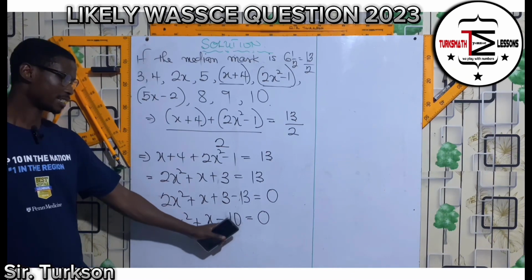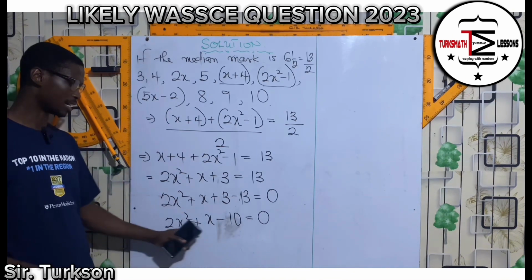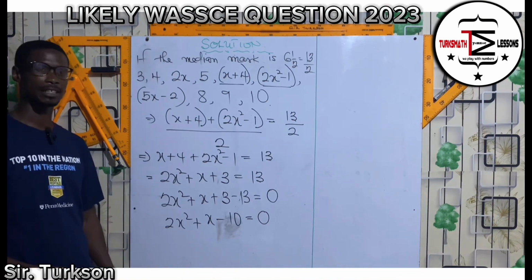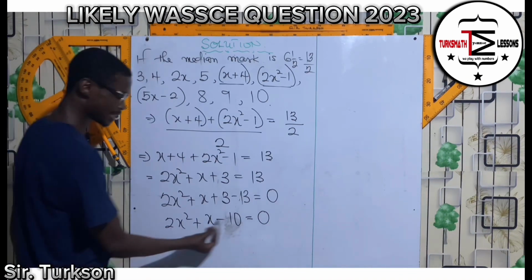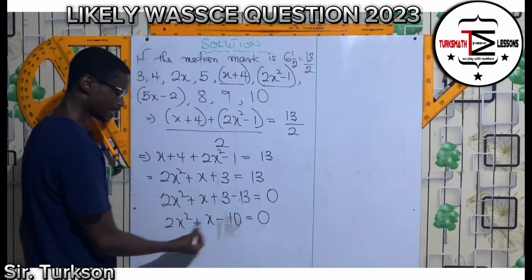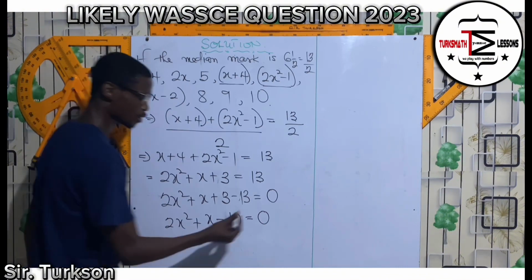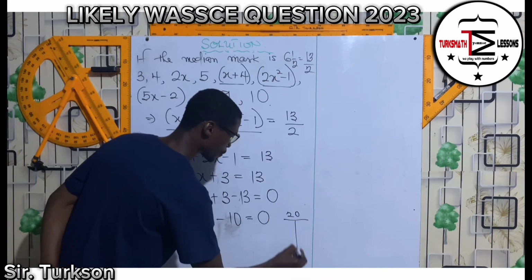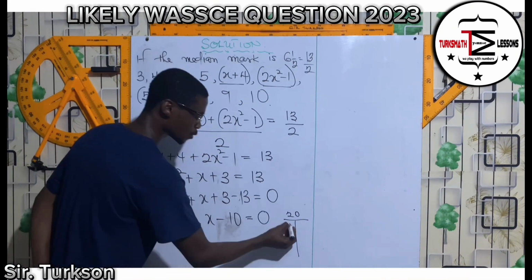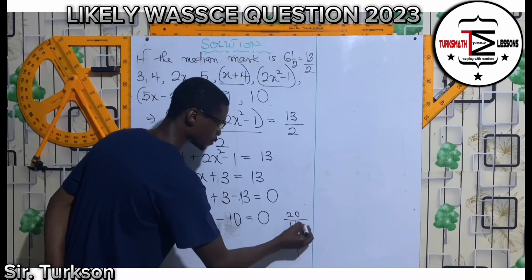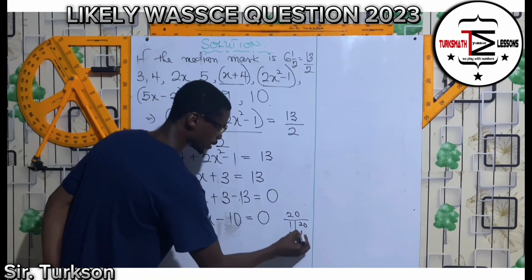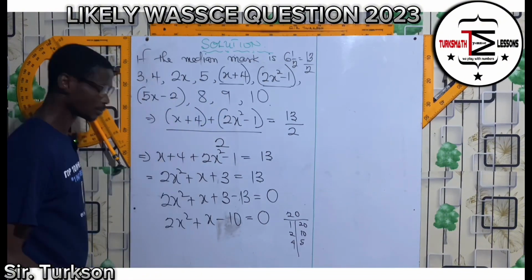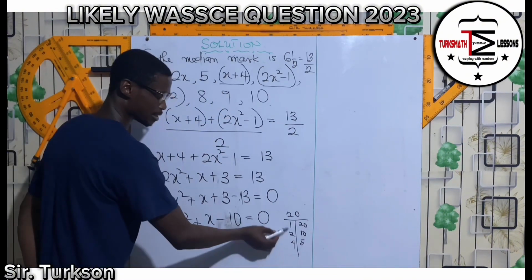Now, at this juncture, we are going to find two numbers that, when you add or subtract, give us the x term. You get that by multiplying the first coefficient by the last, which gives 20. So we have 1 and 20, 2 and 10, 4 and 5. These are the numbers we are having.